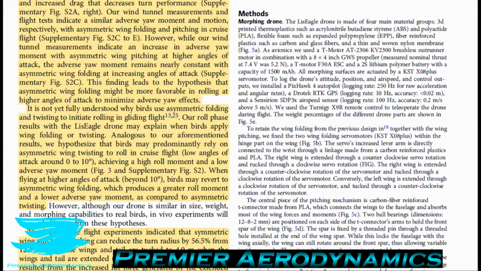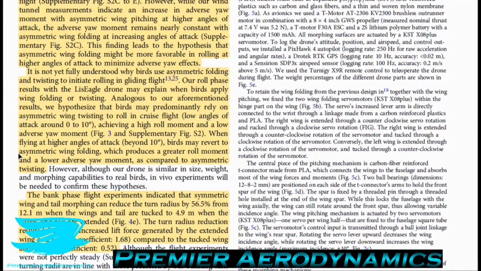So in other words, they're going to be pitching their wings up and down at cruising angles to achieve a high rolling moment and a low adverse yaw moment. But when they're at high angle of attack, they may revert to tucking one wing in and extending the other wing, as we've been talking about. This is more effective at high angle of attack, whereas pitching the wings up and down is more effective at low angle of attack. And this also results in a lower adverse yaw moment in this regime.